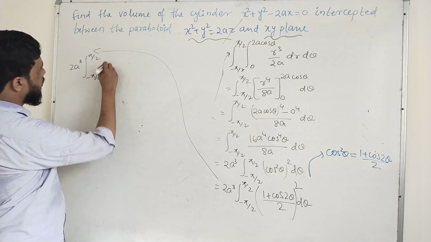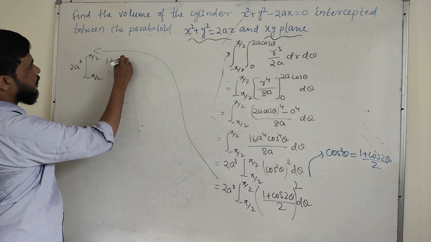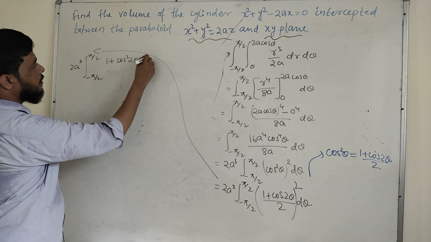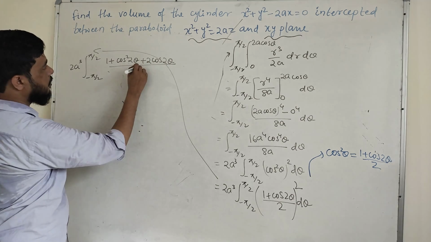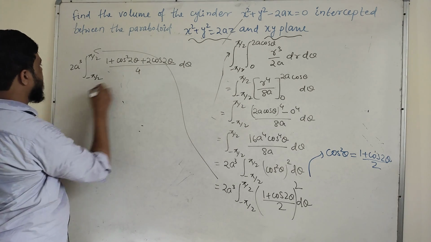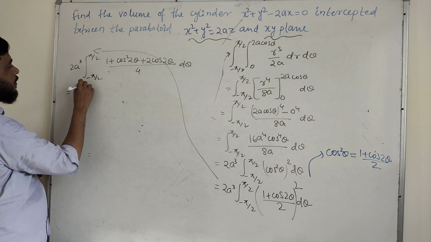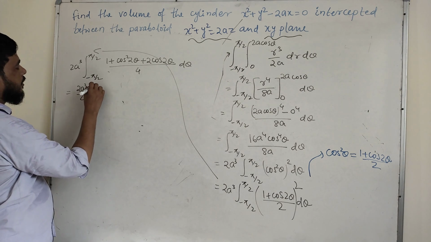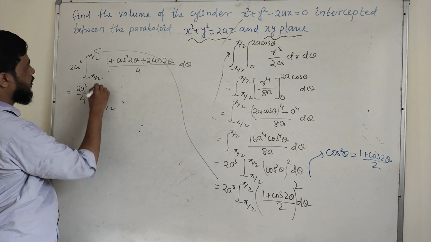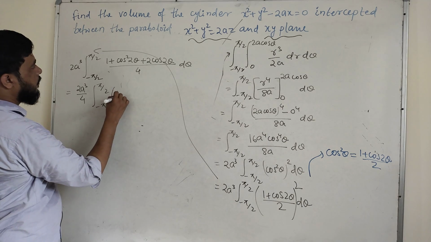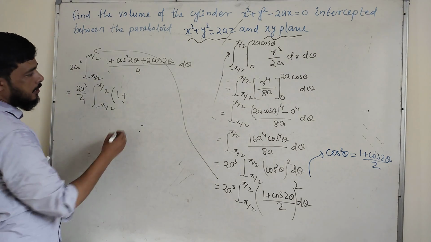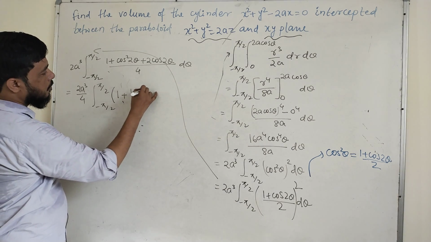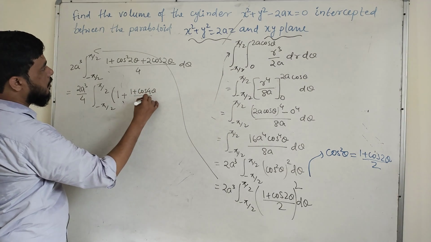Squaring this, we will get 1 plus cos square 2 theta plus 2 cos 2 theta divided by 4 d theta. So 2a cube divided by 4. Further apply the same identity for cos square 2 theta, so it will become 1 plus cos 4 theta divided by 2.